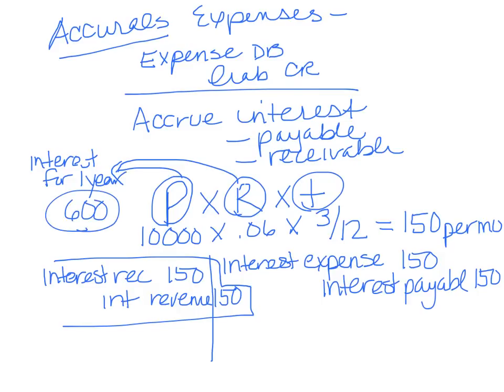So when we do the time, we're breaking it out into increments of months. In this case, if I divide 600 by 12, I get $50 a month, times 3 equals the $150. And that's what this part of the calculation does for you.